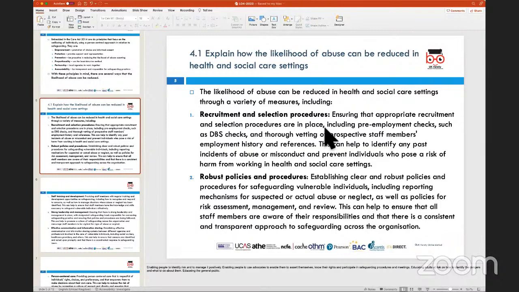Any idea why DBS checks are carried out?